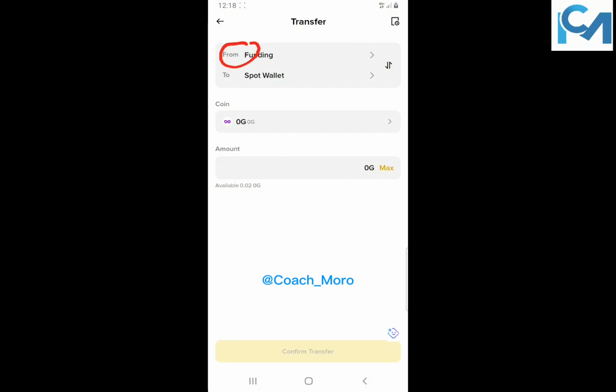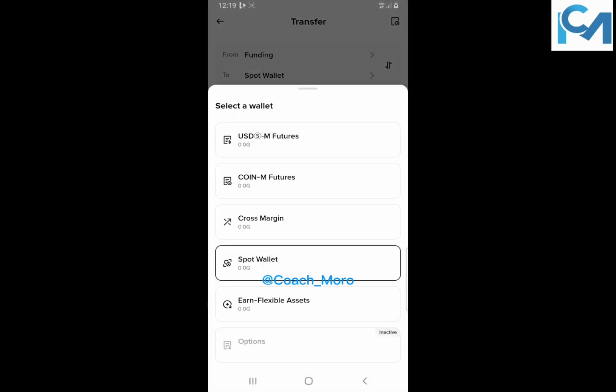When you make an initial deposit, which is the P2P, your money will sit on funding, so you have to transfer from funding to futures. So right now you click on to, which is the spot wallet. You select the USD-M futures, the first option, then you enter the amount you want to trade with.